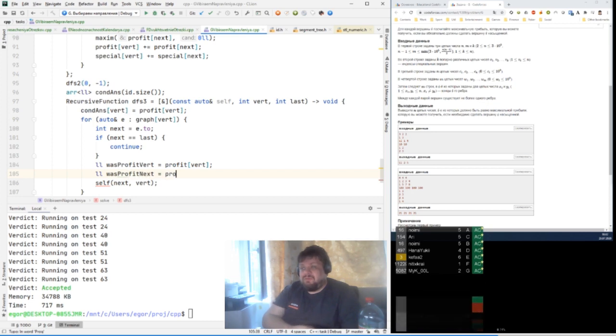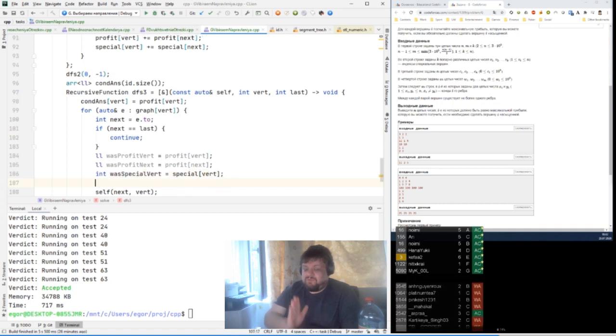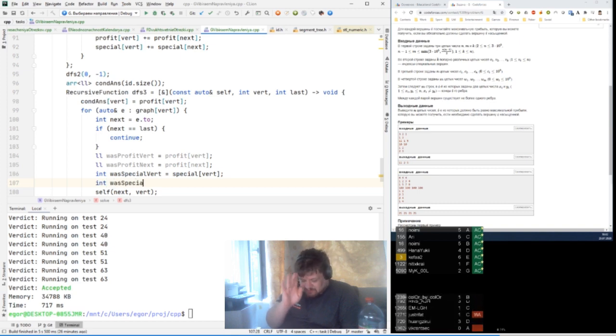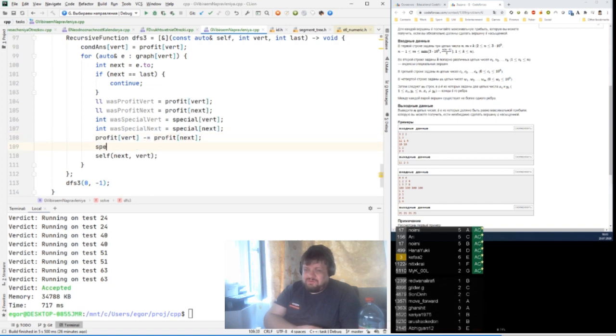We need to keep the basic original profit, and just when adding it to the profit of the parent, we need to deduct the edge cost if necessary.